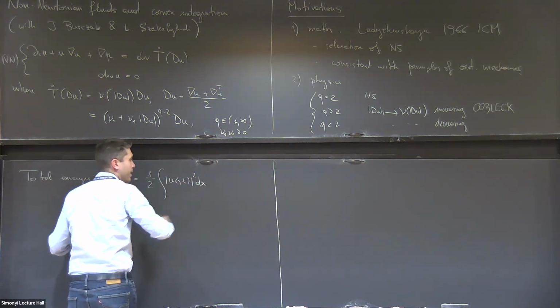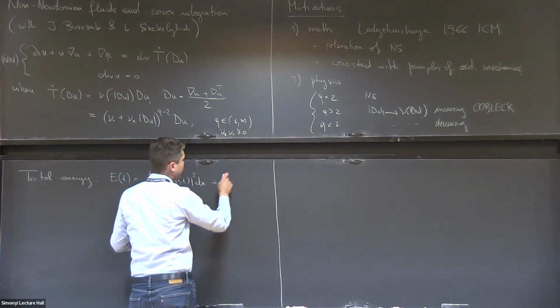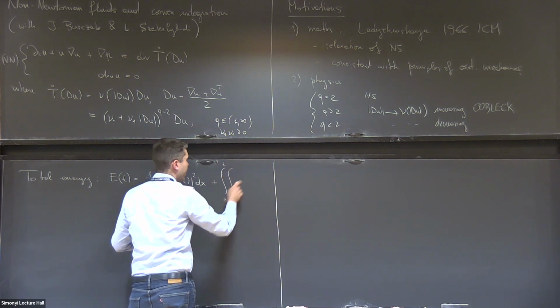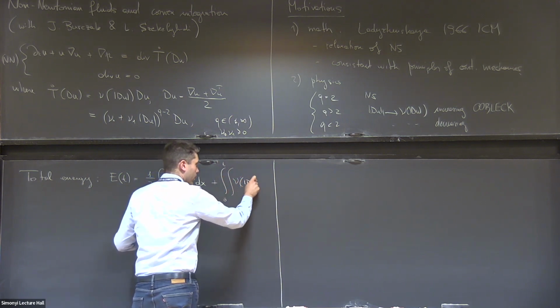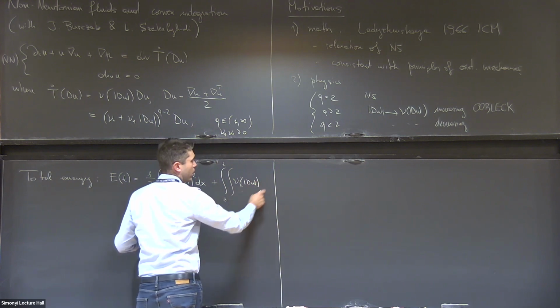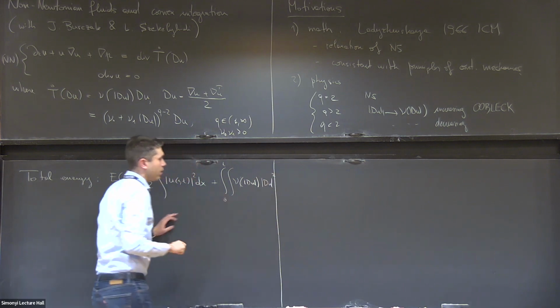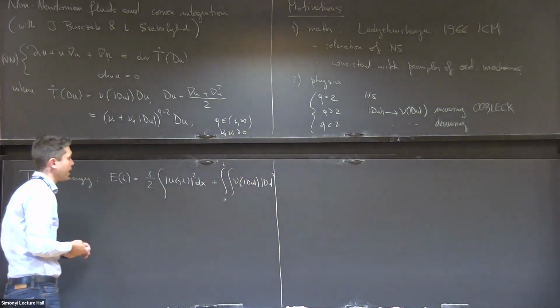And then there is a dissipative term, which for this kind of system is the integral from 0 to t in time, the integral in space, of this non-constant viscosity times the modulus of the velocity gradient squared. So you see, if nu is constant, it's the Navier-Stokes energy. Otherwise, we have this other kind of energy.